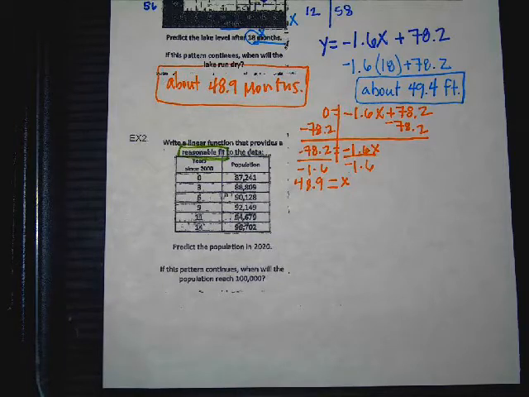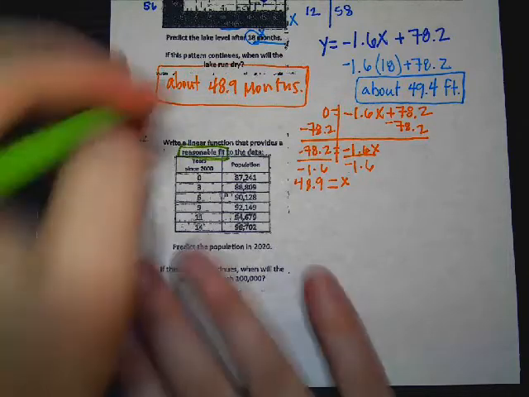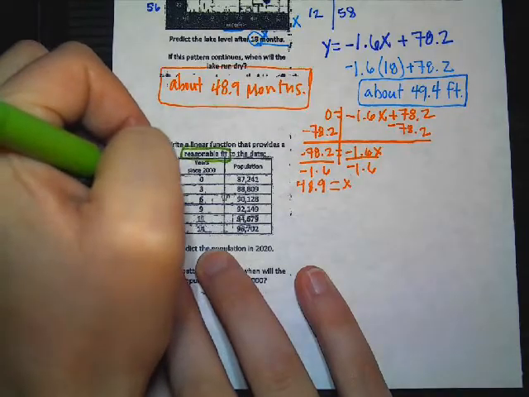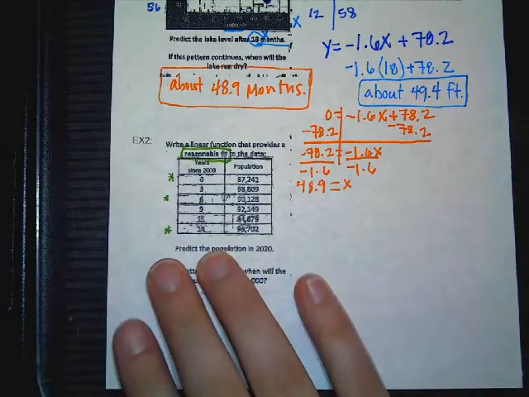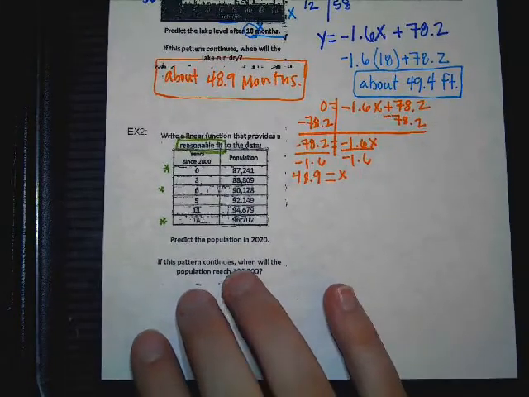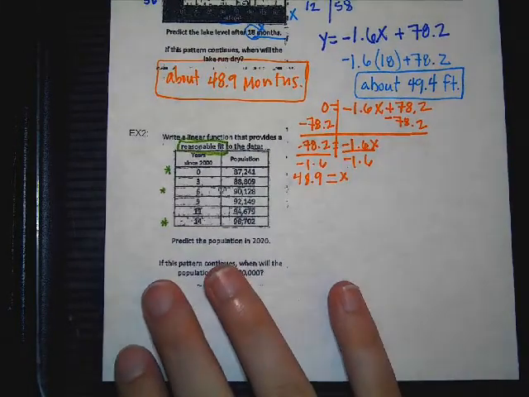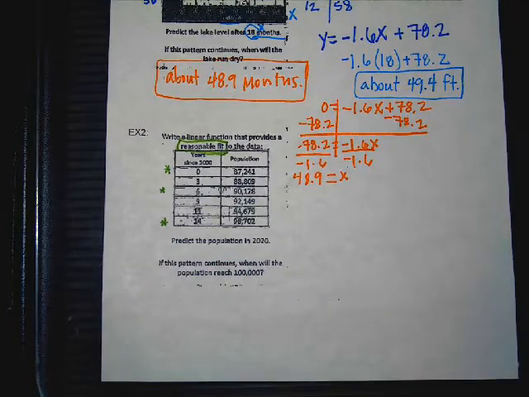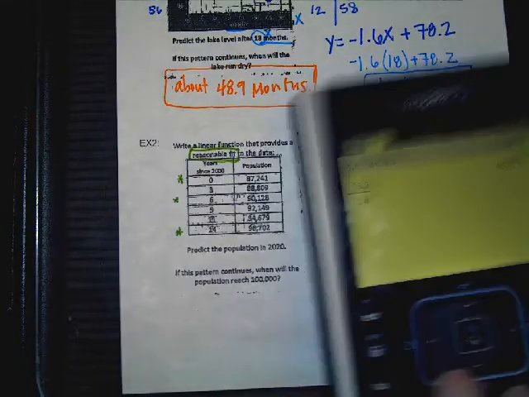But because it says reasonable fit, now it's a scatter plot. So I need a beginning, a middle, and the end. Those are the ones that I'm going to put in the calculator because it says reasonable fit. If you can't remember that, then always just put all of them.